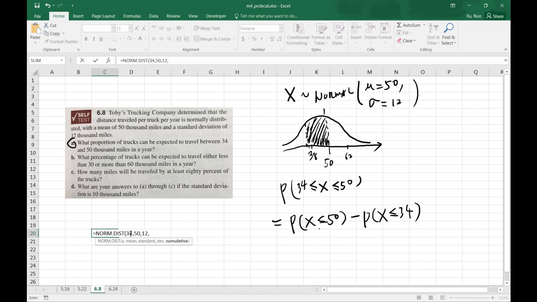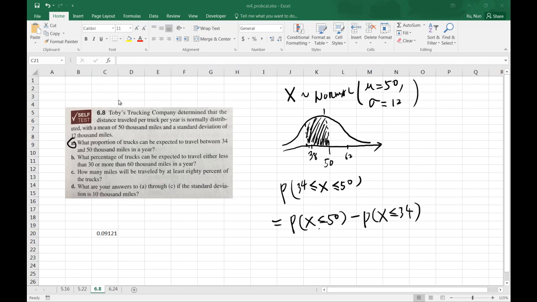And yes, we want to calculate the cumulative probability. So this gives you 0.09 or 9%, which is the size of this white area. You can use the same formula to calculate the other value, but I can guarantee it's going to give you 50% because this is the center. So the answer for part A should be this number subtracted from 0.5.